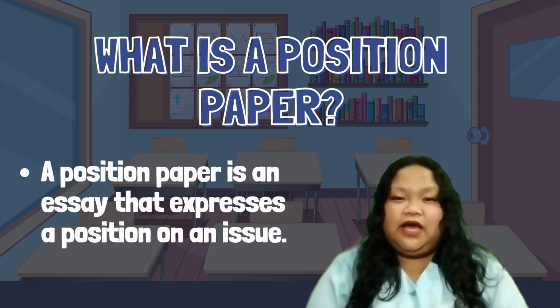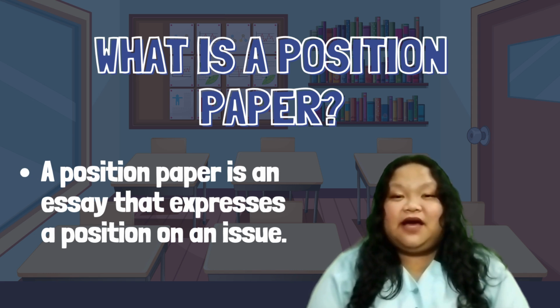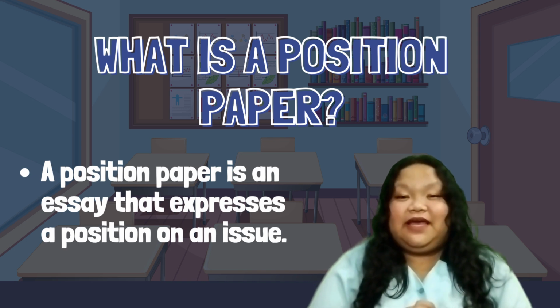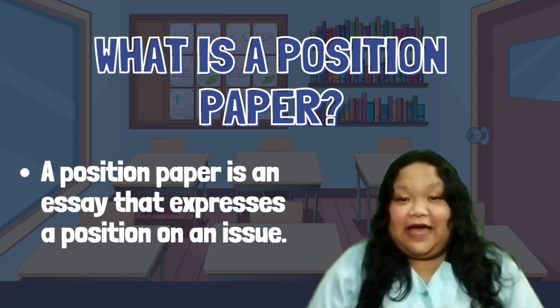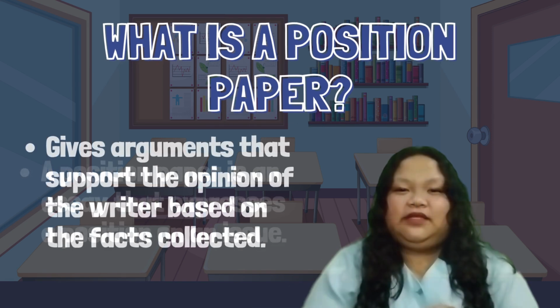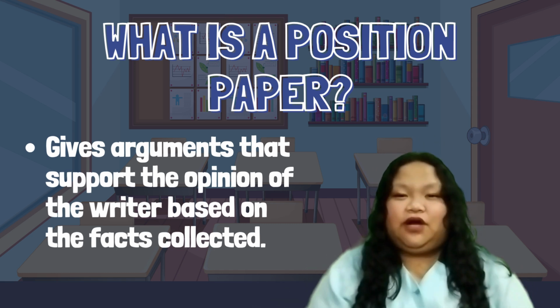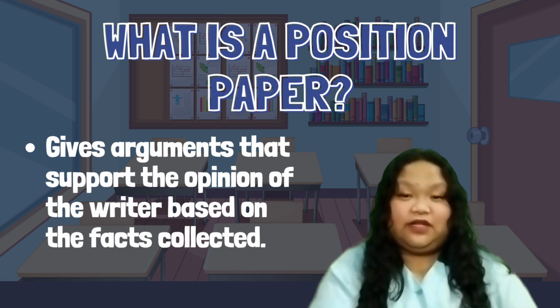So clearly, a position paper has an argumentative point, or it's an argumentative essay. Next, it gives arguments that support the opinion of the writer based on the facts collected.